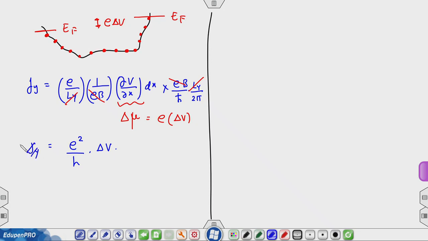So, this was I, the total current. So, delta V over I is equal to h over e square.